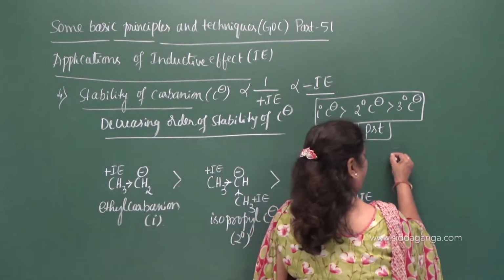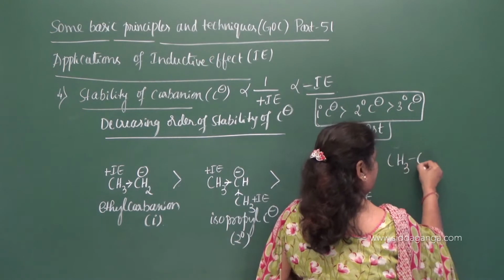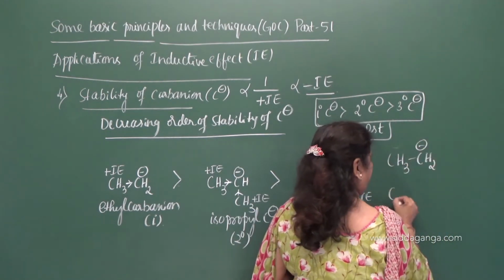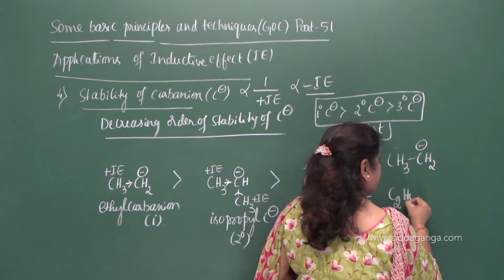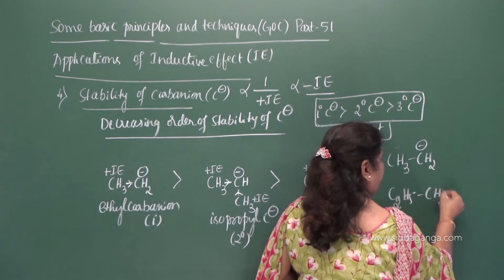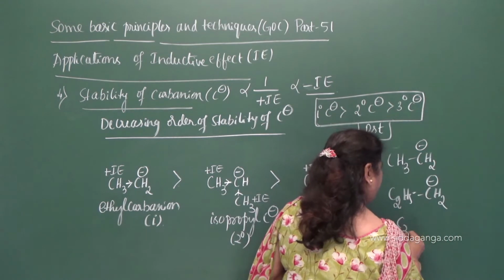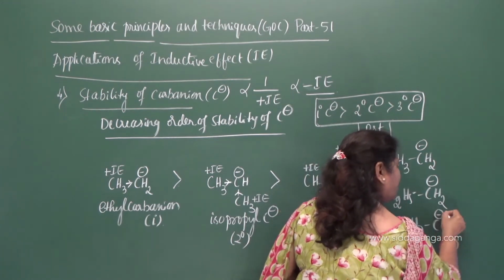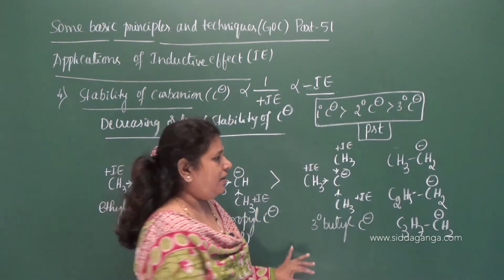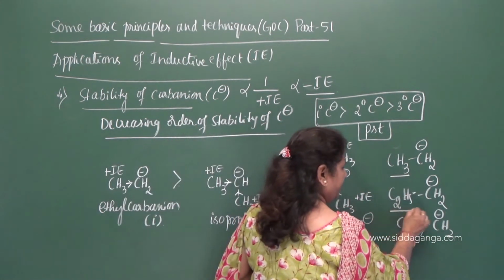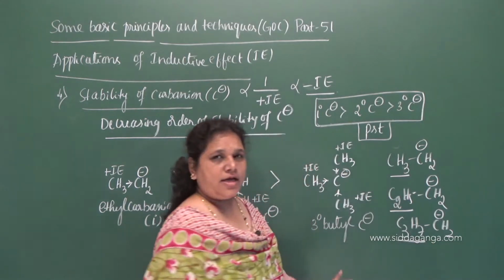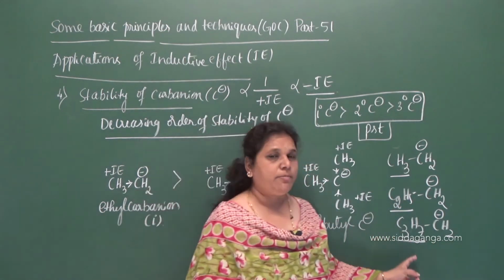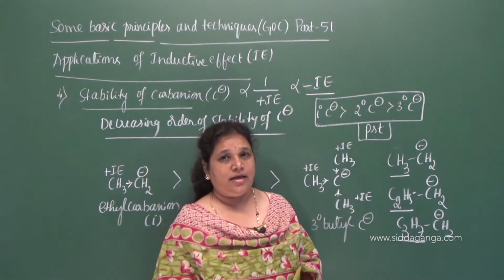Now let me give examples in primary. This is the primary ethyl carbanion. This is the primary propyl carbanion. This is the primary butyl carbanion. See here, the methyl group, ethyl group and propyl group. As you know, the positive inductive effect from methyl to propyl group goes on increasing.